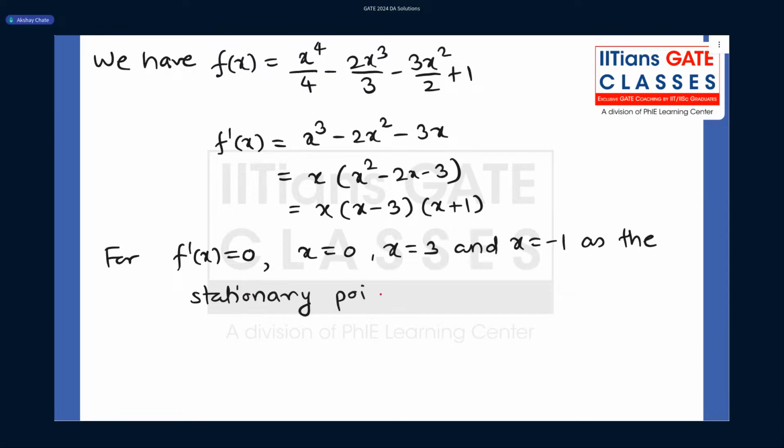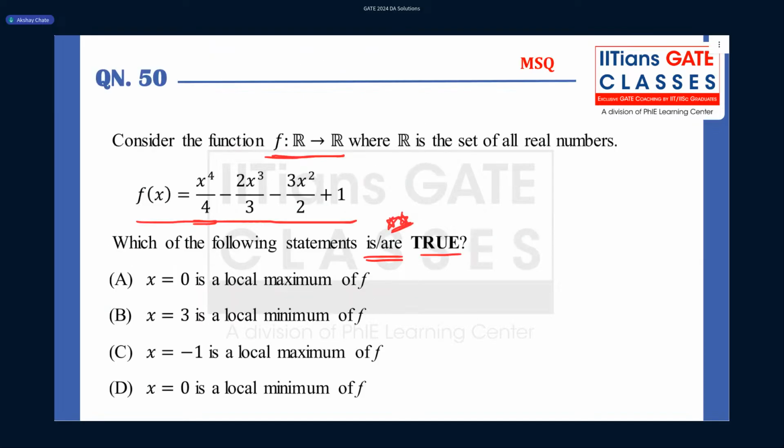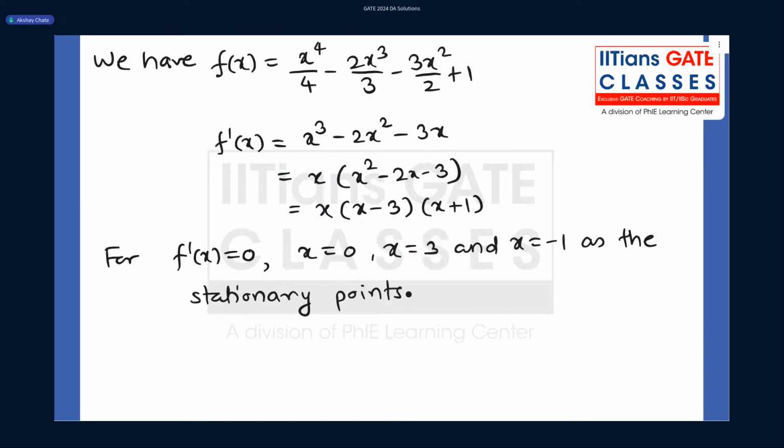So now you can see that in these options, they were mentioning 0, 3, minus 1, right? If you check the ABC option. So that should give you confidence that you are on the right track. Now you have to decide whether it's maximum or minimum, and for that you need to take the second order derivative. So if I take the second order derivative, then x cube becomes 3x square, 2x square becomes 4x, and minus 3x becomes 3.